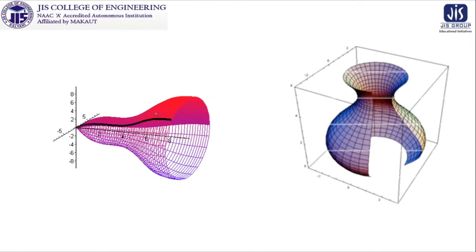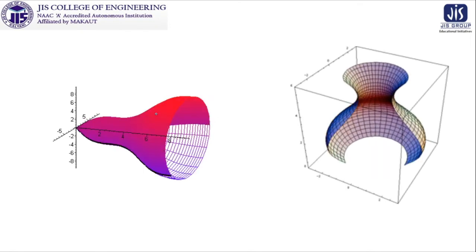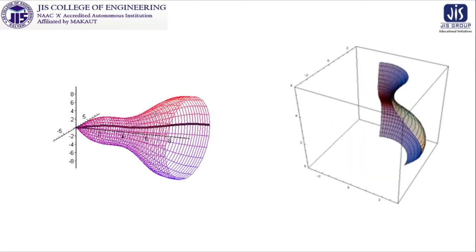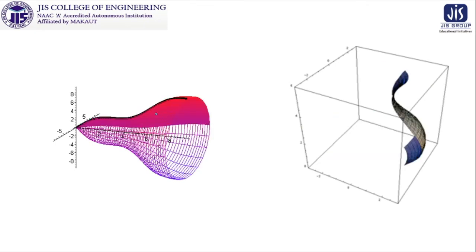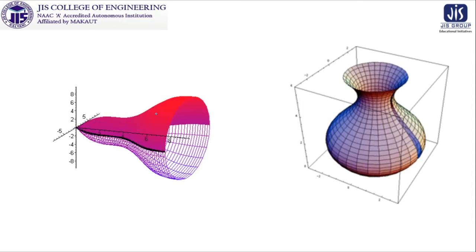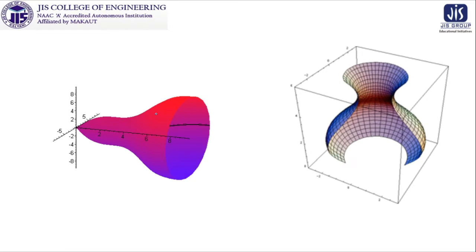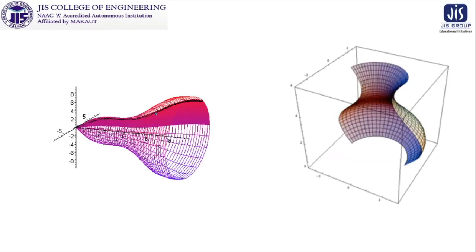And now we can think of the next one also. You see that by rotation of a curve, the shape of a pot is generated. Our target is to find the area of this particular surface.